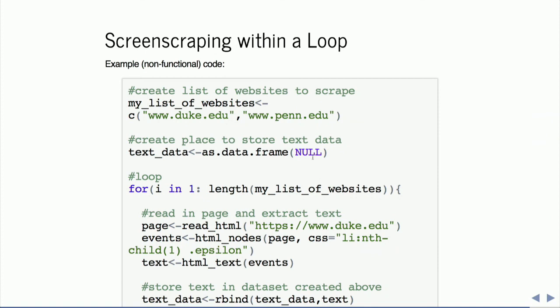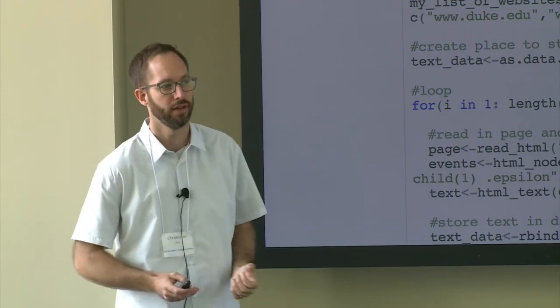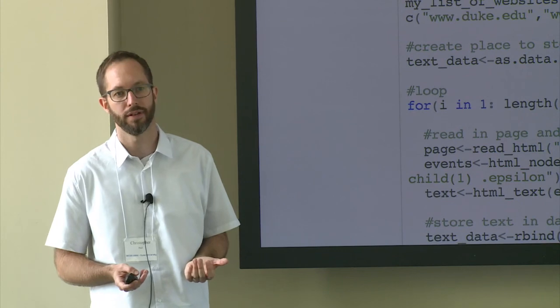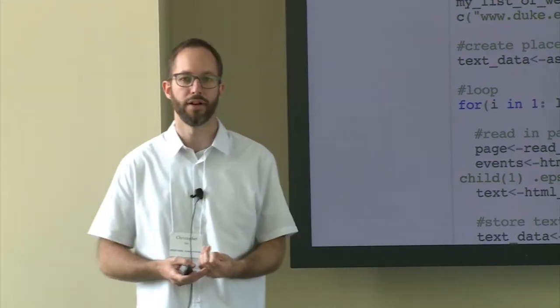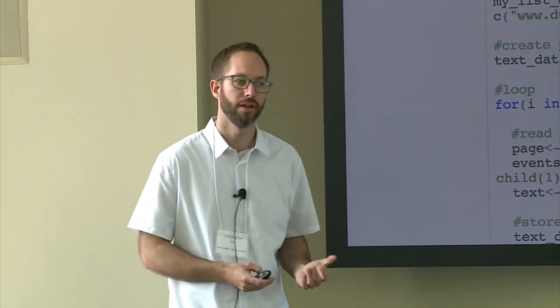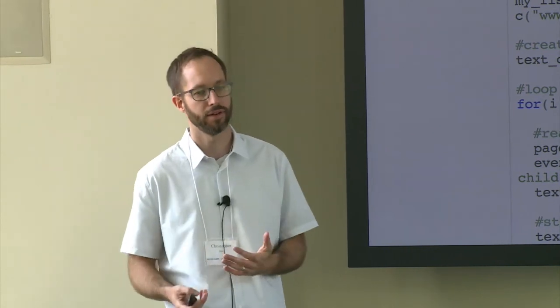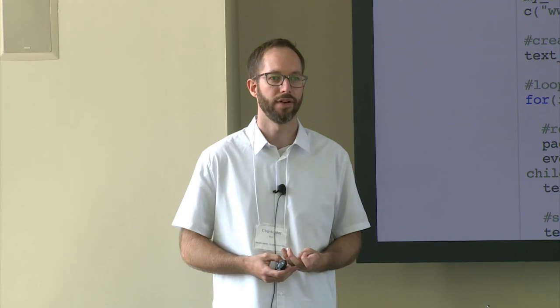And so another major disincentive for screen scraping is that, let's say we wanted to scrape all the pages of major US or international universities to get information about computational social science. Well, we'd be dealing with dozens or hundreds or thousands of different types of web pages. And so we may very quickly find ourselves in the world where writing the code to scrape those pages takes longer than going to those pages manually and collecting that information. And that's yet another reason why very often we don't want to use screen scraping.